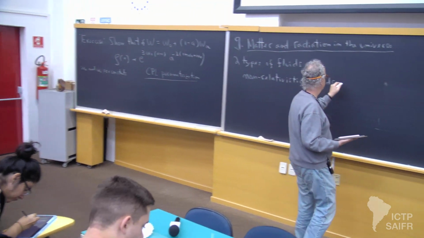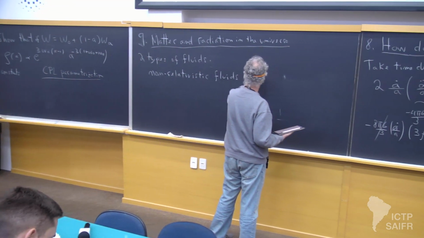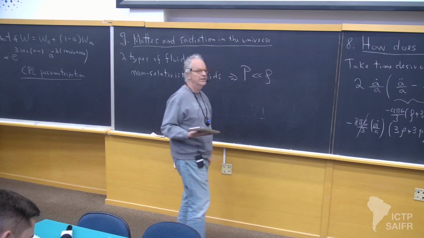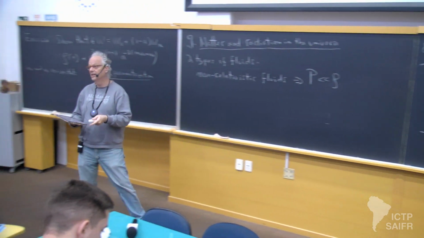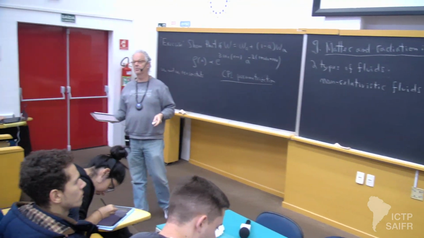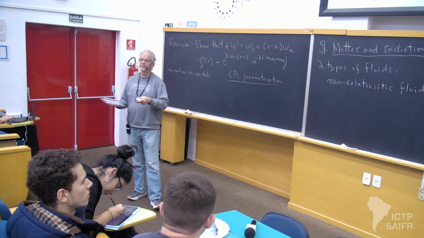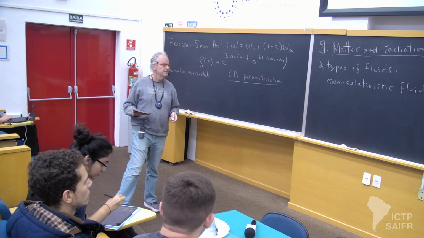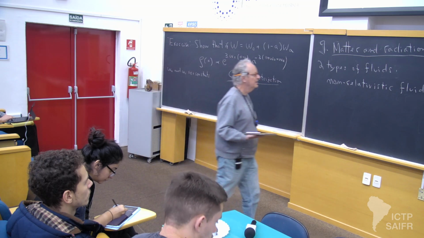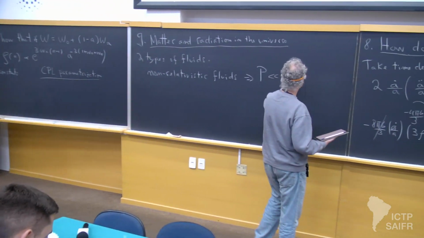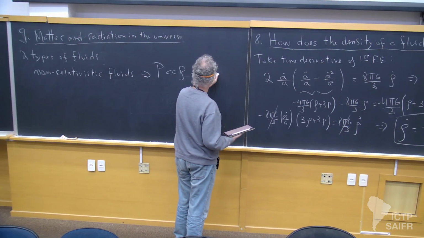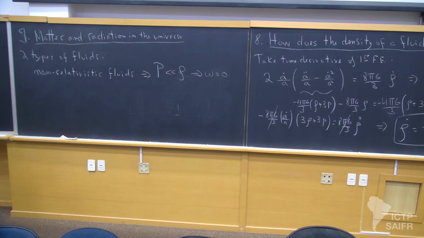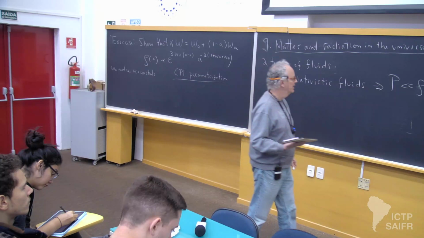So the energy density has to include the masses of the particles, for instance. And the masses are much larger than the momenta of these particles. So in essence, what this means is that the equation of state is 0 for these fluids. And that's what we call matter.